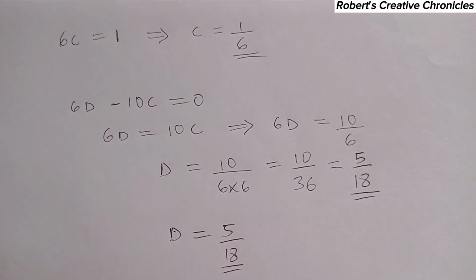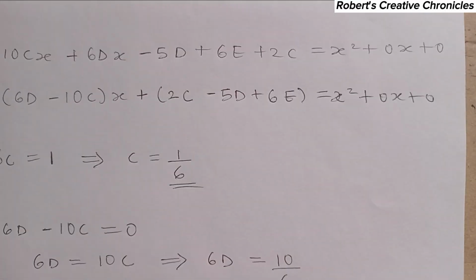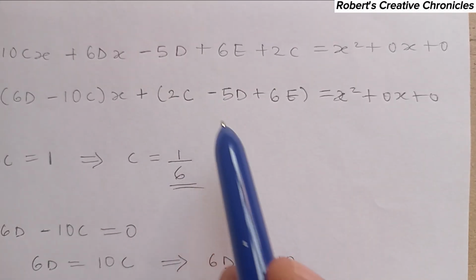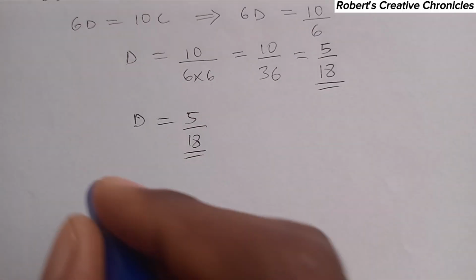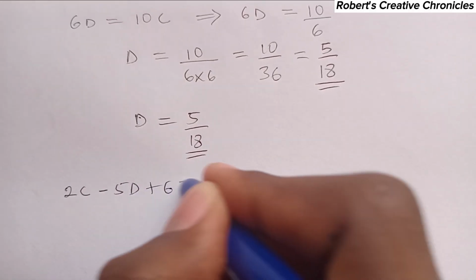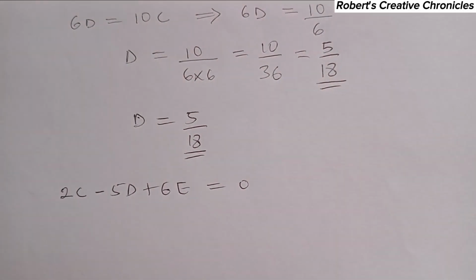So now let's equate the last terms. 2c minus 5d plus 6e is equal to 0.